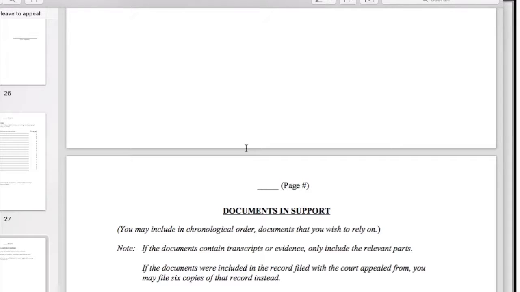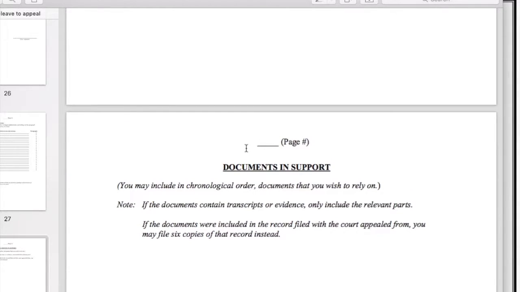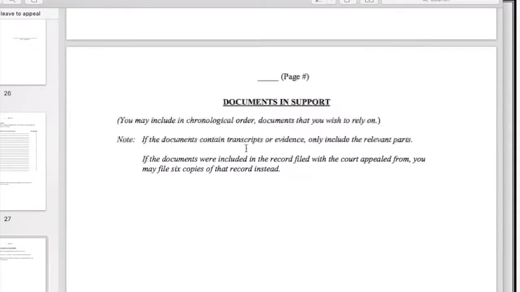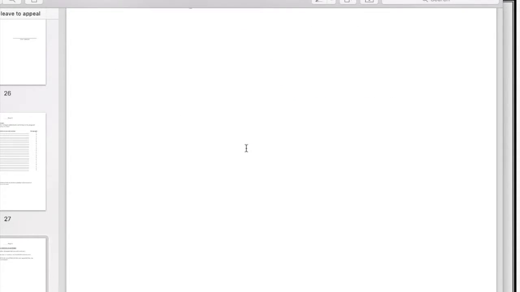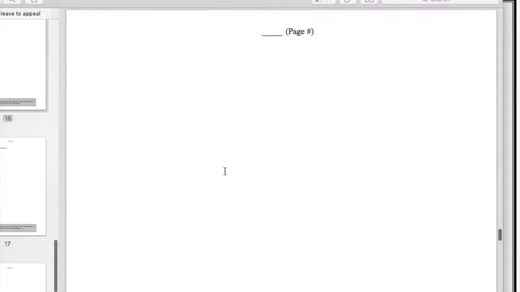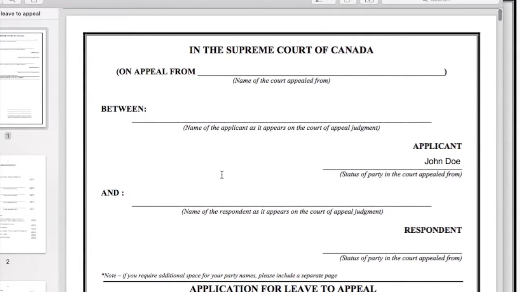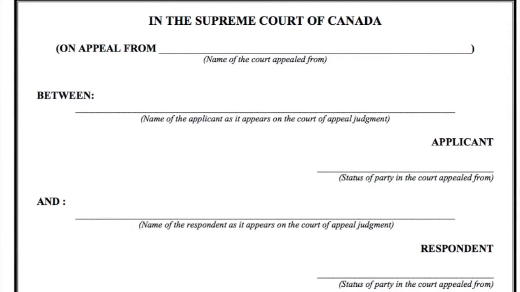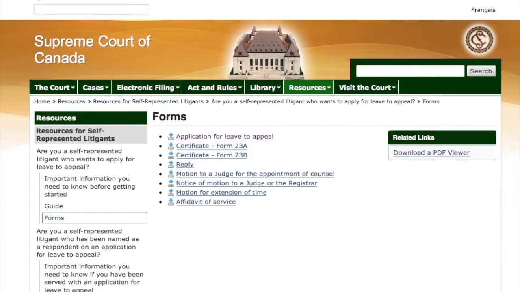So that has replaced parts 1 through 5 of this application for leave to appeal. And then in the documents in support, what's good to note here is that you don't have the opportunity in an appeal to bring forward a lot of fresh evidence.